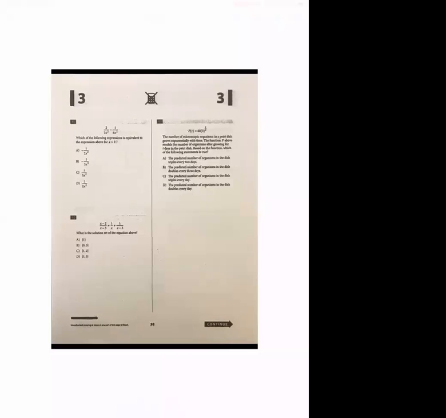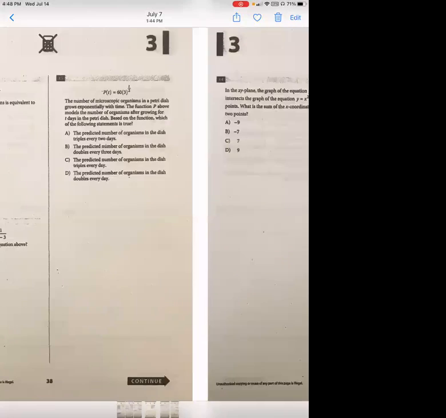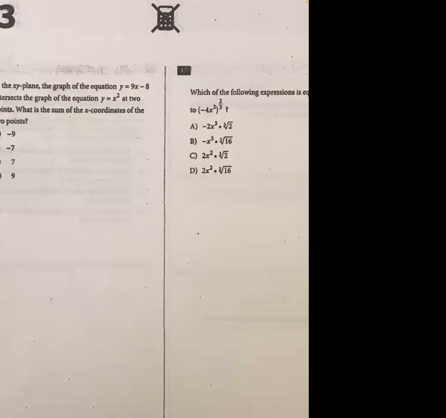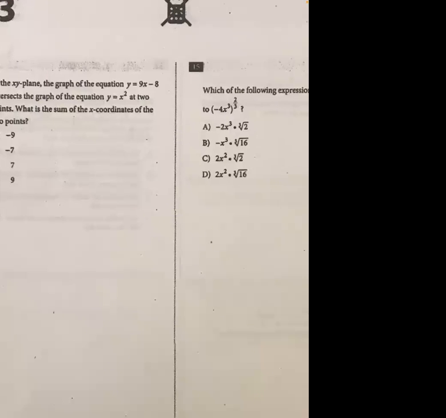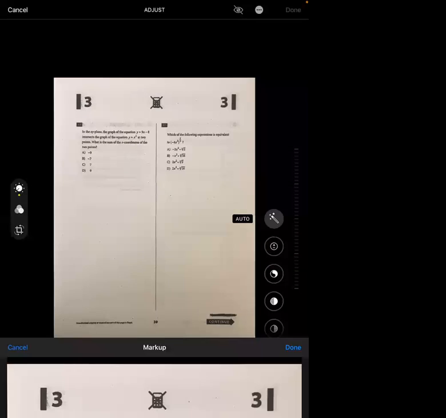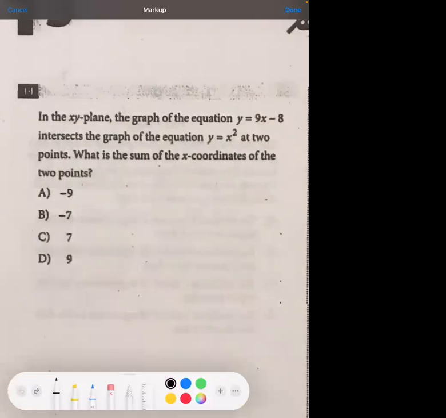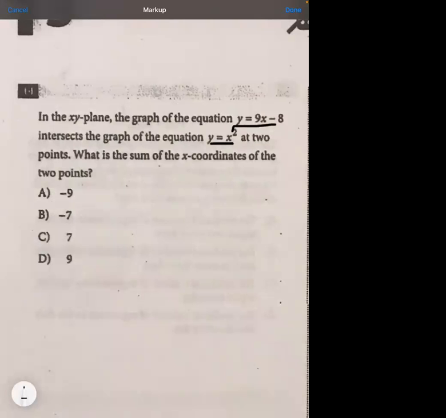All right, I'll quickly go over the last 2 questions, and then I will have to dismiss you guys until next time. For this question, it gives us two equations, and in order to find the coordinates, all we need to do is set them equal.